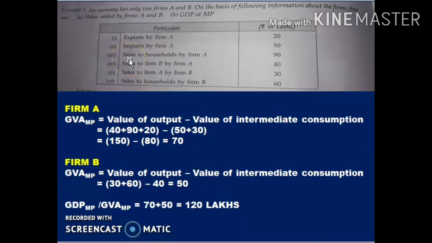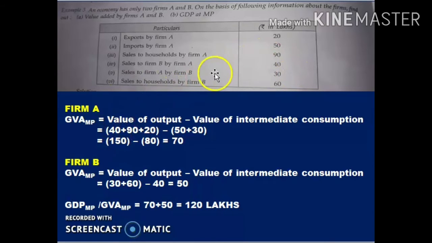First, you can see sales to household by firm A. So firm A is selling something to the household, so the value 90 comes here. Next, sales to firm B by firm A. It is also firm A's sales, so 40 again comes here.